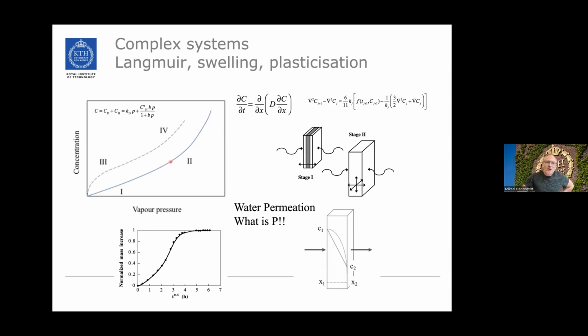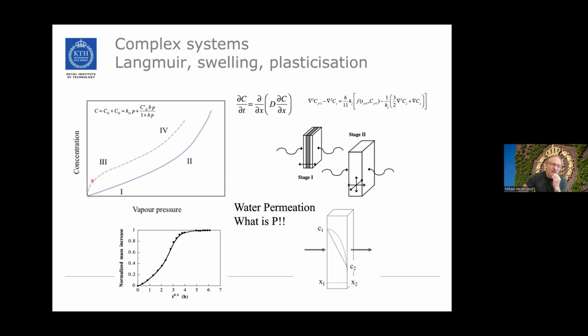However, when you go to larger vapor pressures, there will be high concentrations of the foreign molecule, and you will see nonlinear effects. And here you have plasticization. For stiff polymers, you usually have this type of behavior. It's a Langmuir type initial uptake, and then at high concentrations, you also have this plasticization on top.